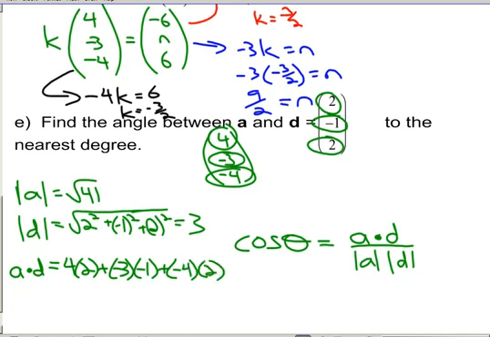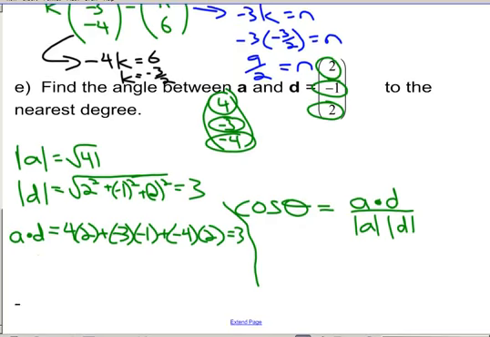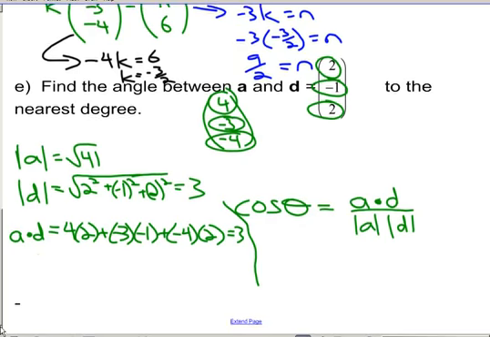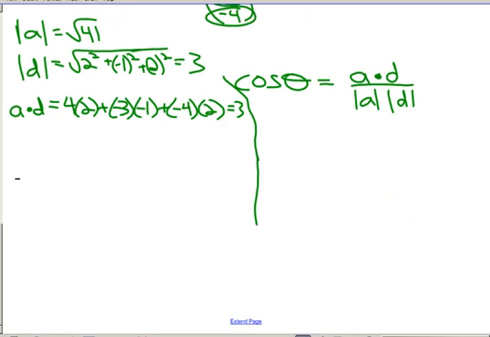Okay, if we work that out, we'll get 8 plus 3 minus 8, or a dot product of just 3. Now I've got all the pieces that I need to substitute in. So I can say that cos theta is equal to A dot D, that's 3, over mag A, mag D.